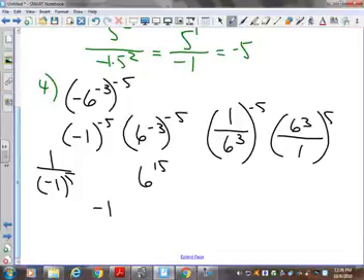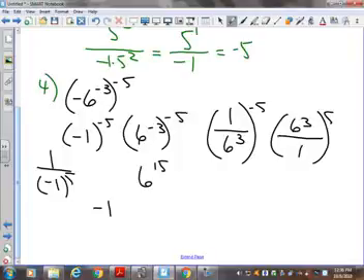Because if this 1's to a negative fifth power, it's got to go across the division line. And if this 6 to the third's to a fifth power, it's going to have to go across the division line so that can become a positive. Doesn't that still make positive 15? So don't get rid of your negatives up front. Do the power rule thing first about multiplying the powers. Maybe it won't be negative anymore and you can save all that work.